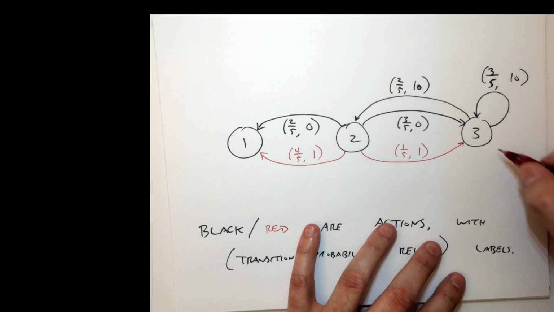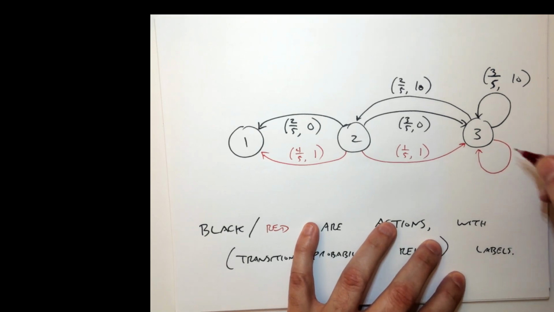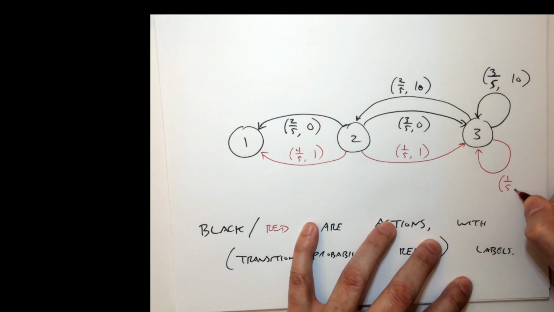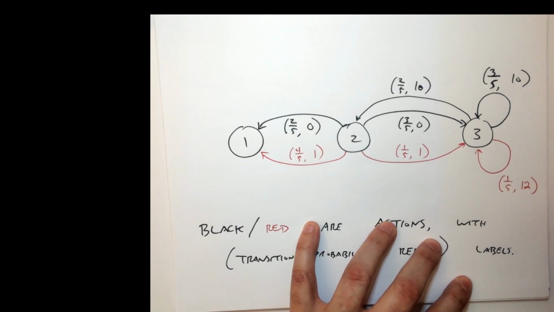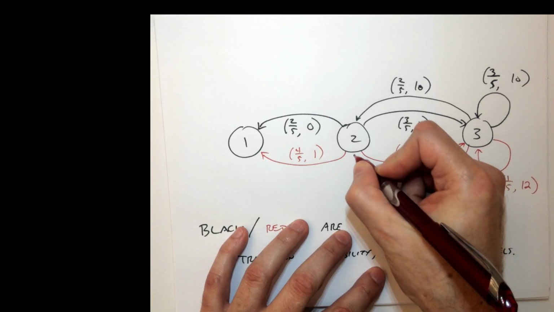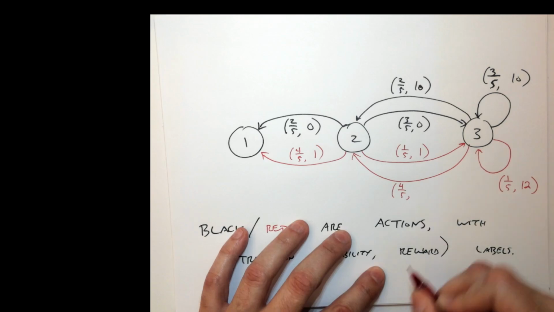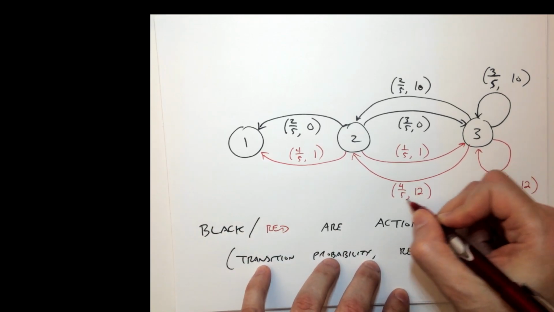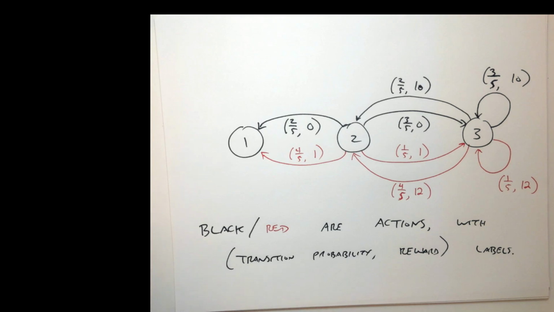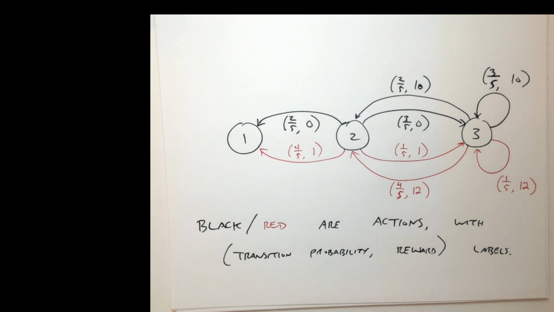Whereas the red action will give me a higher reward, say of 12, but a lower probability of staying in that state, versus here, with probability 4/5, it kicks me back down to here. And there's also something that I could do for state 1, right? But the idea is that what I'm trying to do as a game is to get up to state 3. That's the thing that's going to give me the biggest reward, right?